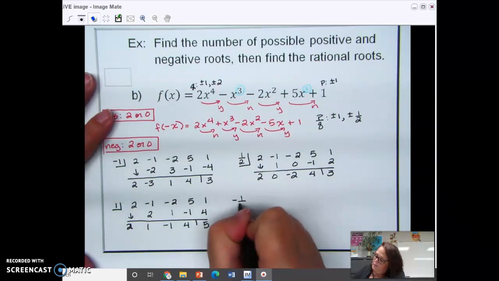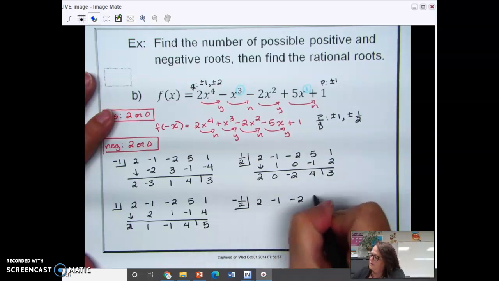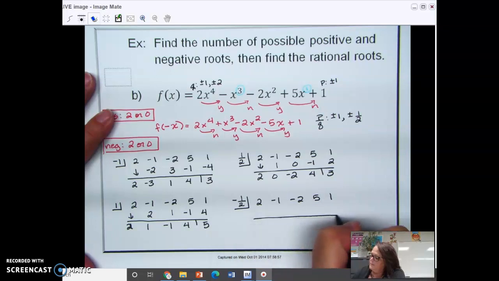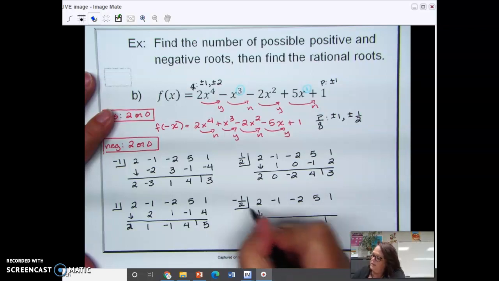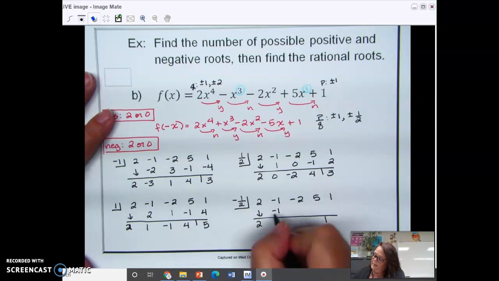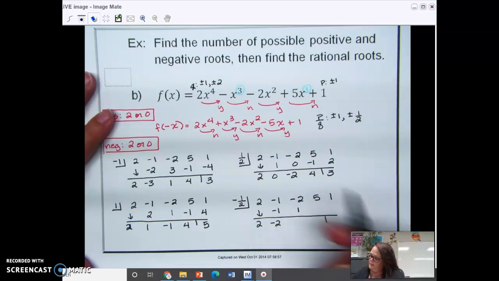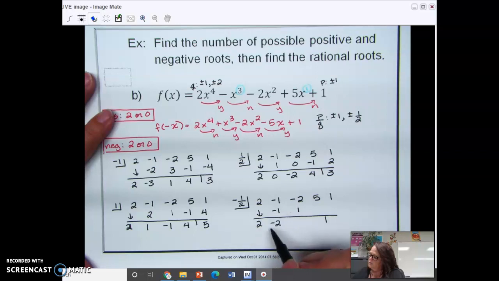And then if I try negative 1/2, I drop the 2. So the opposite of half of that is going to be negative 1. That sum is negative 2, times negative 1/2 gives me 1. And then, hold on, just verifying.